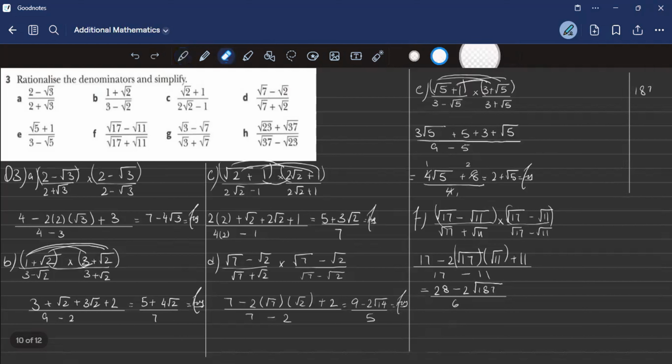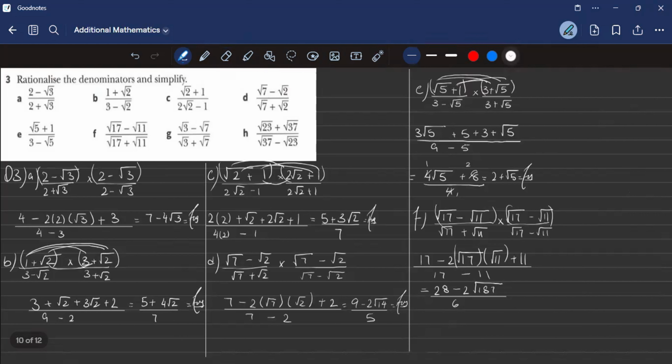So root 187 cannot be further simplified. So root 187 would be the simplest value of the surd we could get. 28 minus 2 root 187 divided by 6 would be your answer for part F.